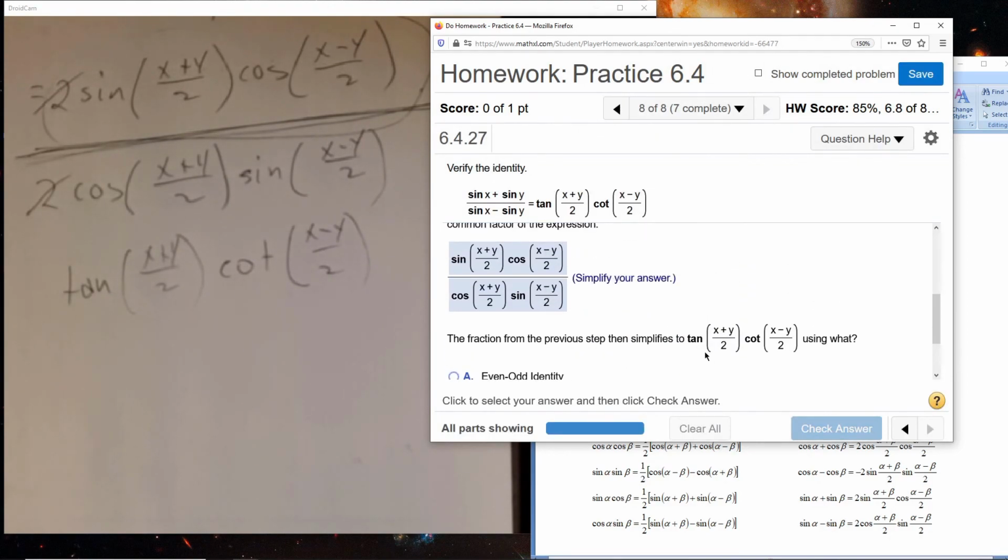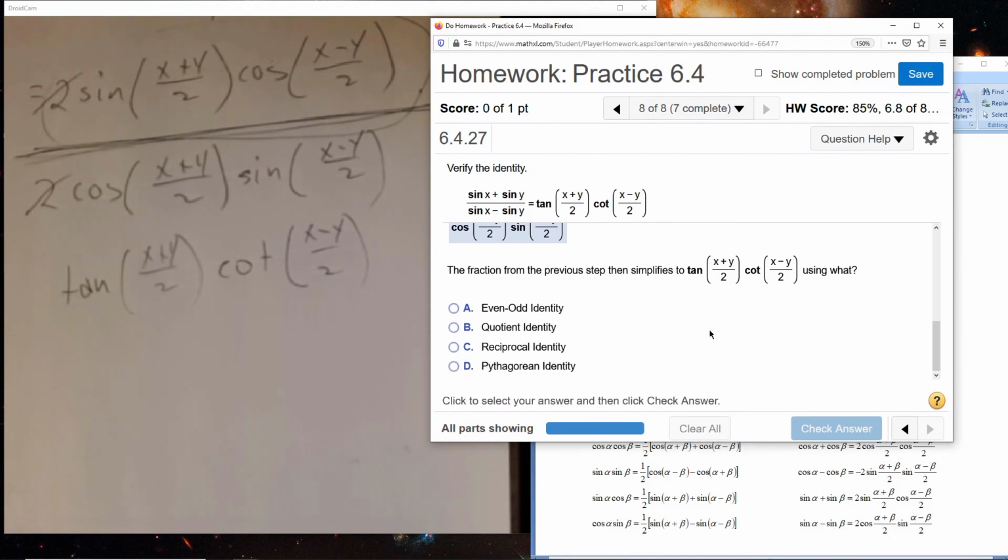And finally, there it is, the tangent cotangent. And sine divided by cosine going to tangent is again the quotient identity.